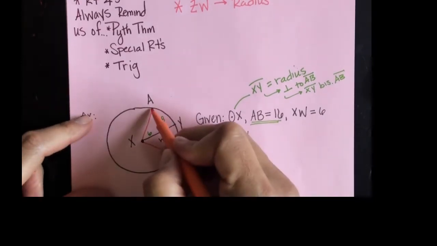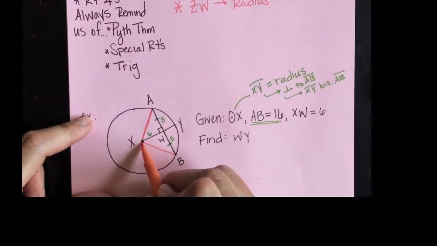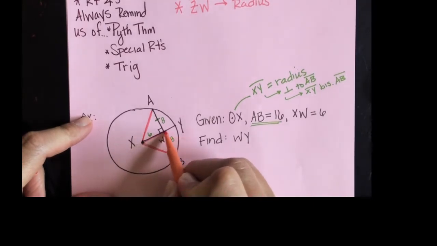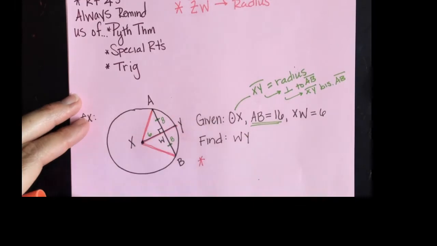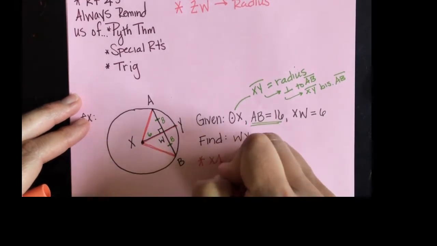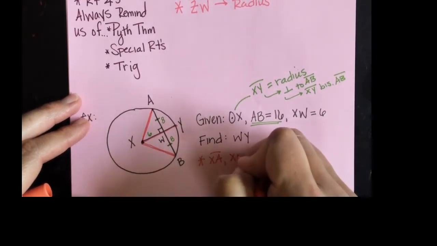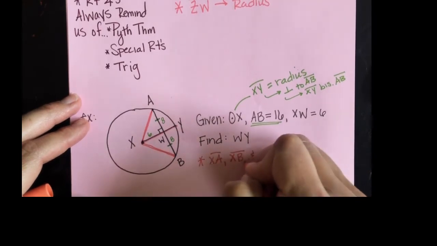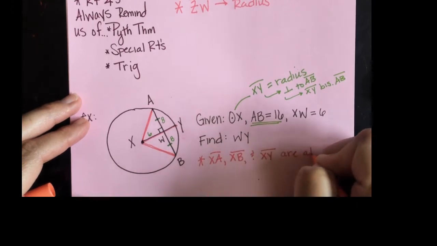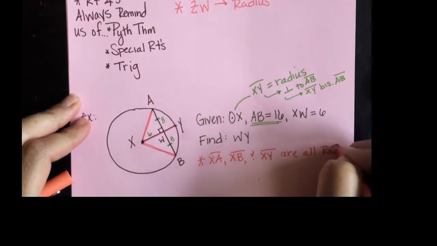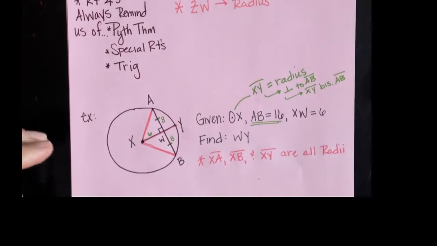And if I can find this one or this one, it will tell me how long that is. So key here is saying that XA, XB, and XY are all radii. And notice again, the plural for radius is 2 i's at the end.